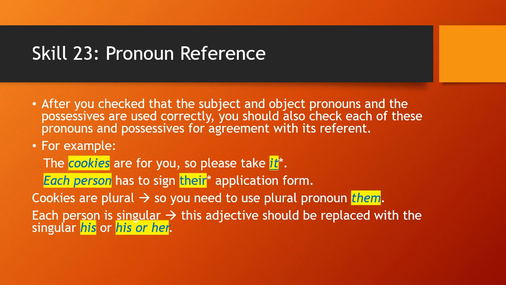Do you remember that the word each indicates the noun is singular? Good. So this one is singular. Therefore, it should not be their, but his or her. So the sentence should be, each person has to sign his or her application form.